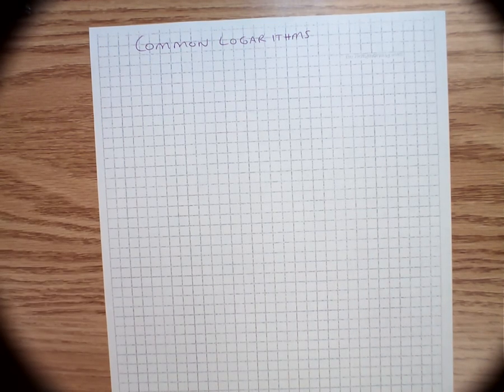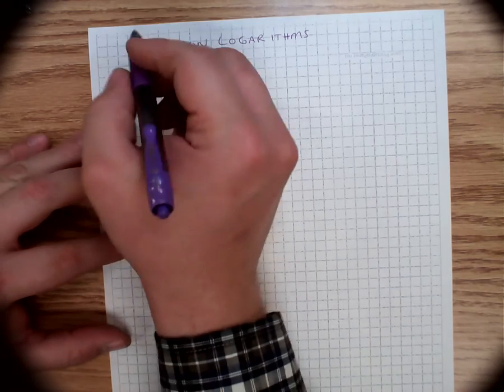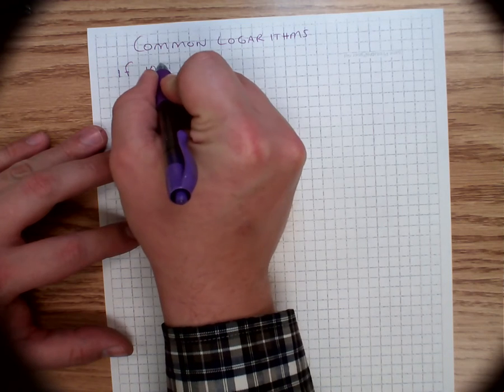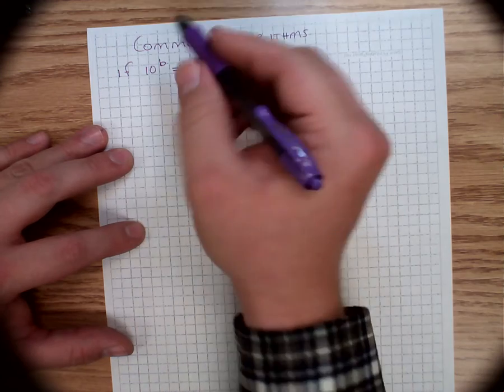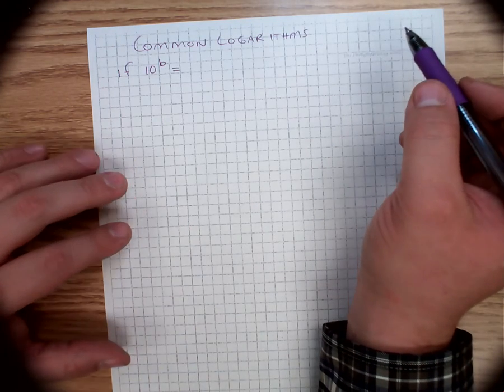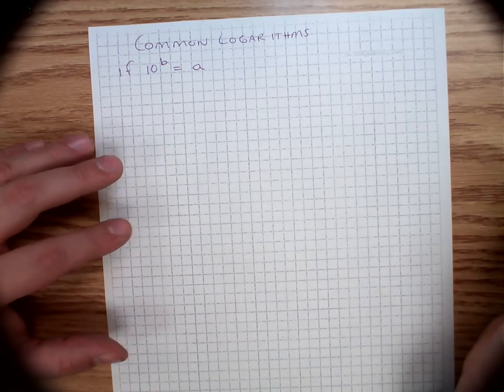Here's the basis of this: common logarithms are always base 10. So if we have 10 to the power of something, so b right now is my exponent. I'm making this very general. Equals a number, okay? A and B are just two numbers.